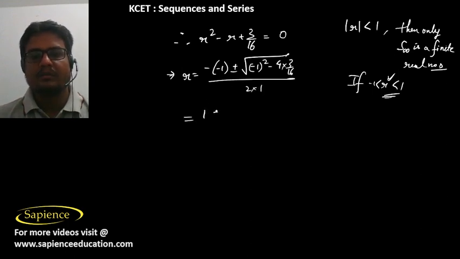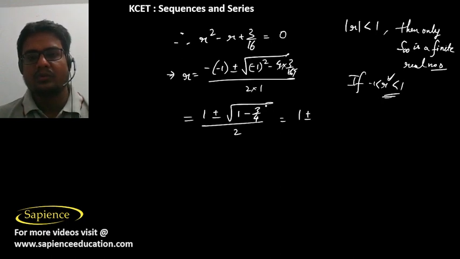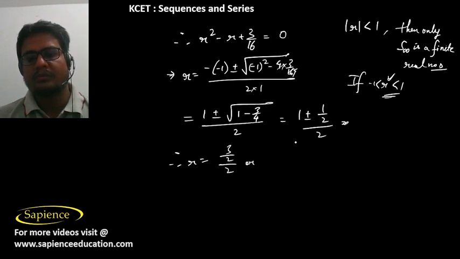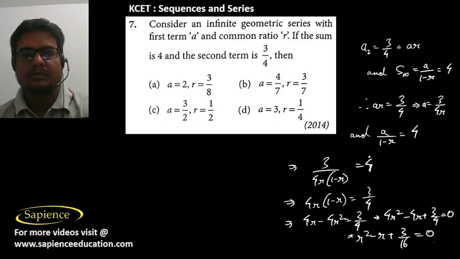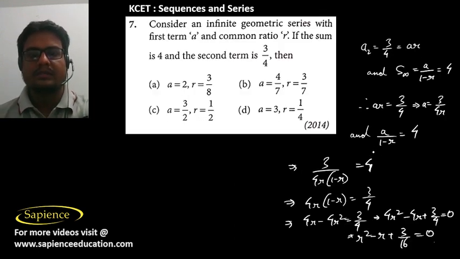So this will be 1 plus or minus root of 1 minus 3 by 4, divided by 2. So this is 1 plus or minus root over 1 by 4, that is 1 by 2, by 2. So r can be 1 plus 1 by 2, that is 3 by 2, by 2, or 1 minus 1 by 2, that is 1 by 2, by 2. So r can be 3 by 4 or 1 by 4. So both values you can take.